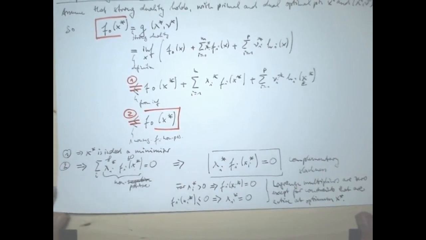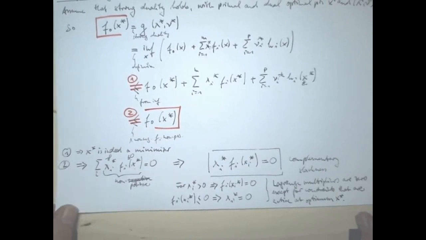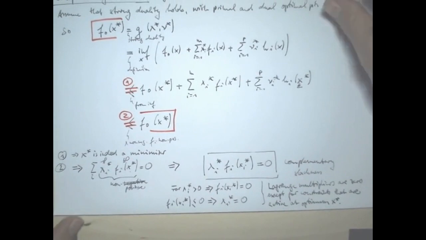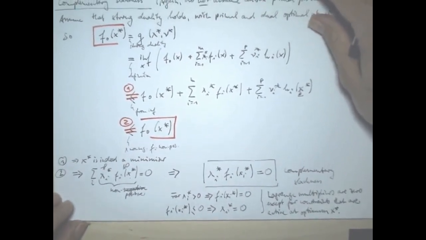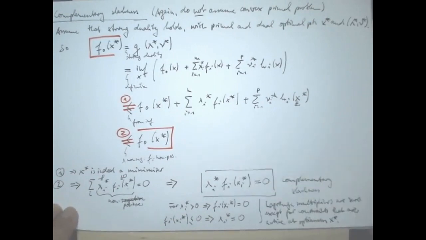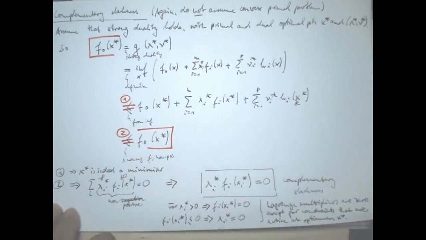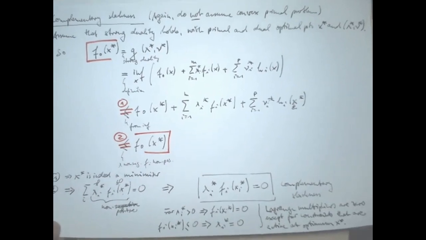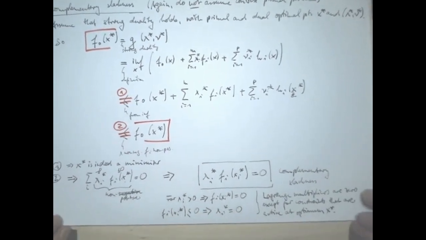So this is a property that we will also need later in the linear programming part. The Lagrange multipliers are 0 except for constraints that are active at the optimum x star.